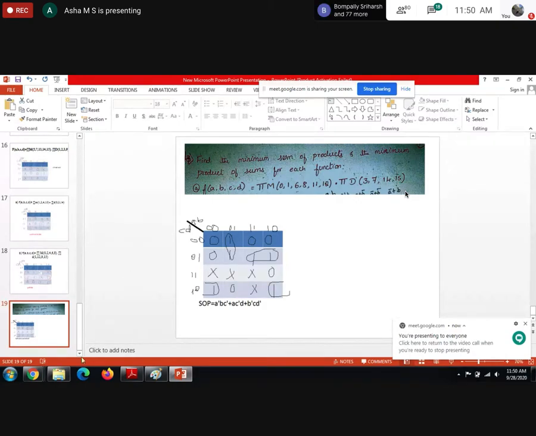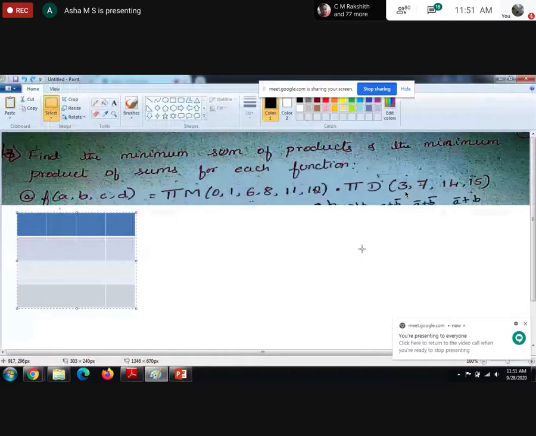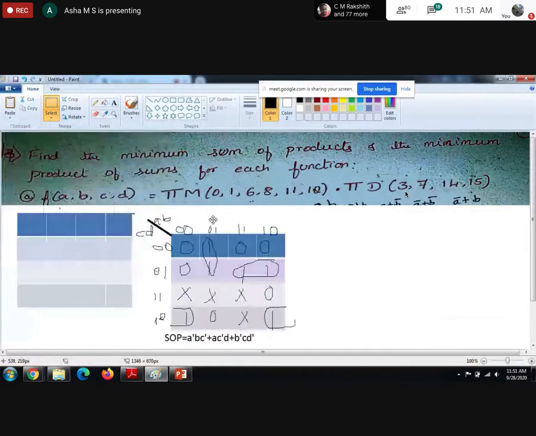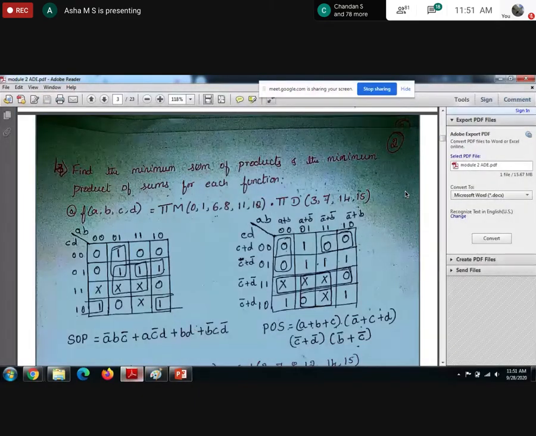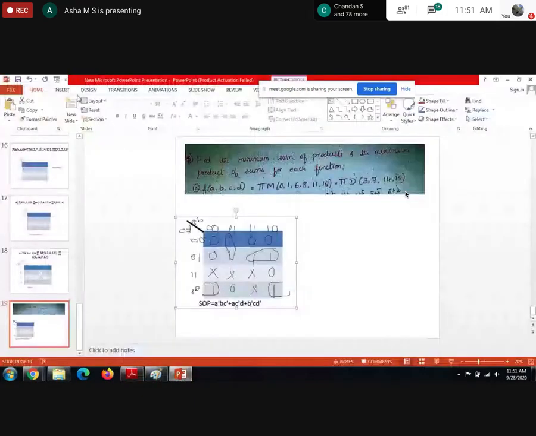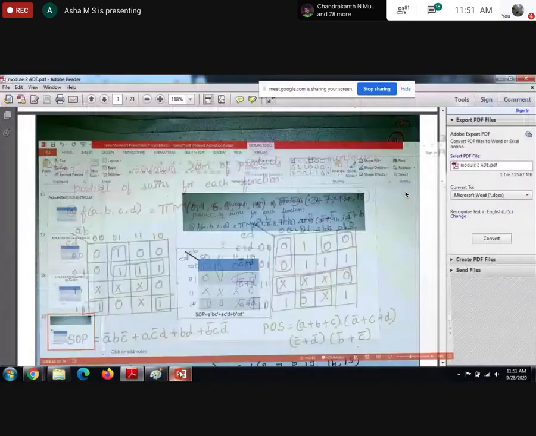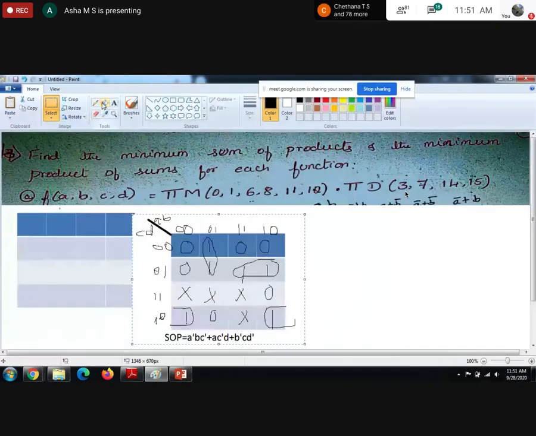One quad also will come here. Yes. Quad also possible. So here one more quad is possible.